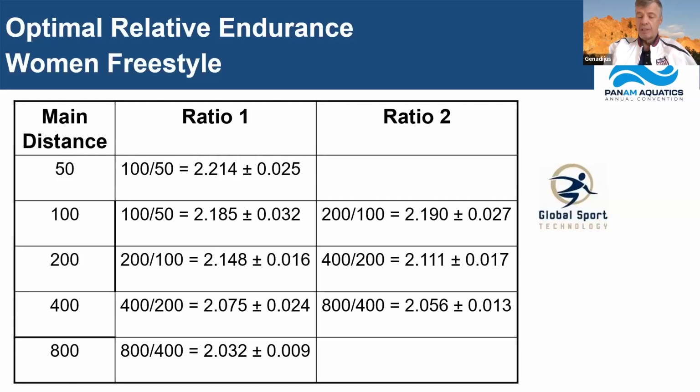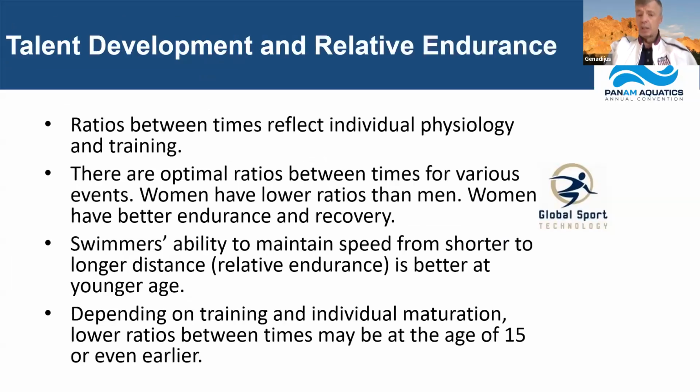Okay, that's the ratio between 100 and 50. And the same tendency as you see here. I probably will not stop too long because I want to cover more information. It shows you examples from the database as well. So the talent identification and development database allows us to analyze and see what happens, what kind of training you're doing, and how to change your training in order to be optimal for athletes.